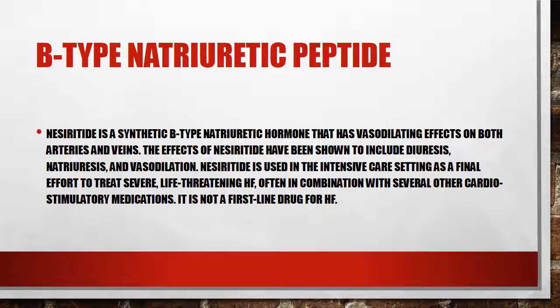So this is a synthetic B-type hormone that has vasodilating effects on both arteries and veins, and the effect has been shown to include diuresis, and it's used in intensive care settings as a final effort to treat severe, life-threatening congestive heart failure. It's often used in combination with several other cardiostimulating medications. It's not the first-line drug. It's very expensive.